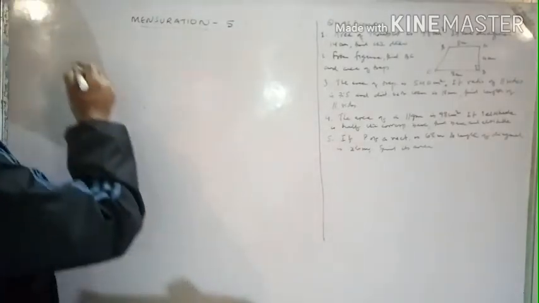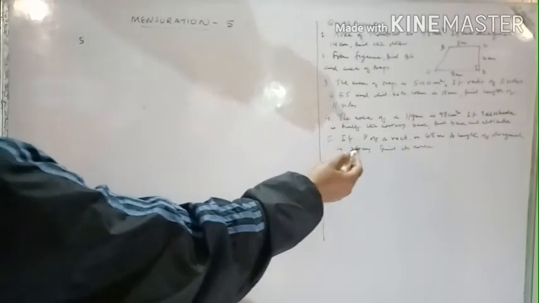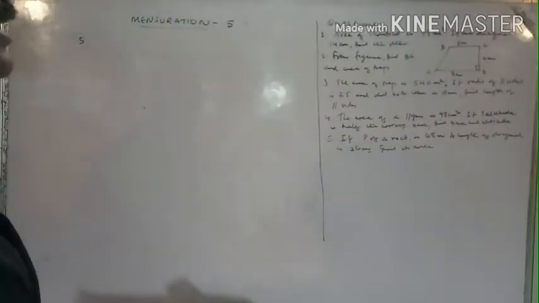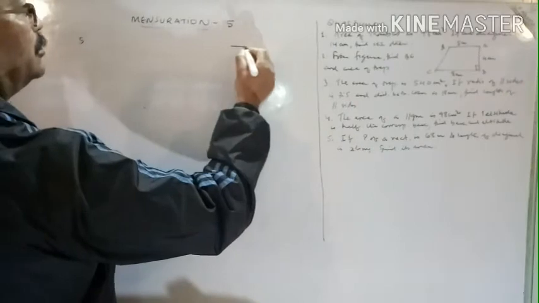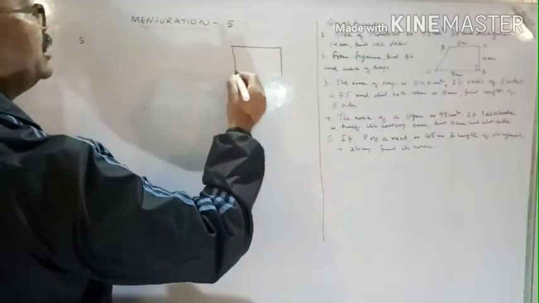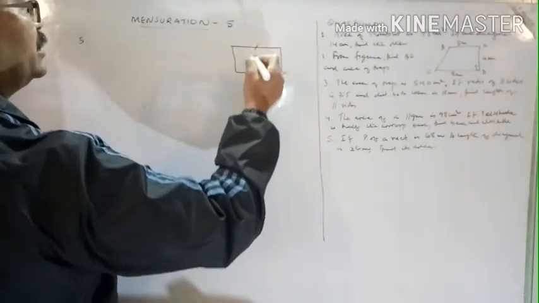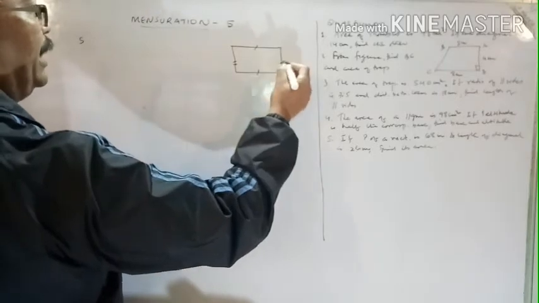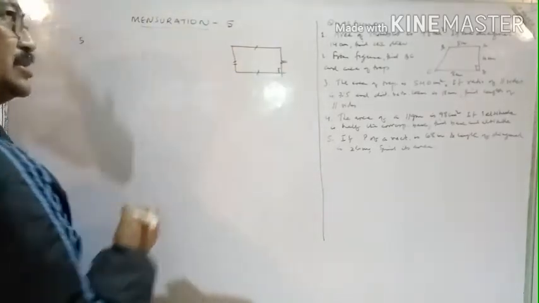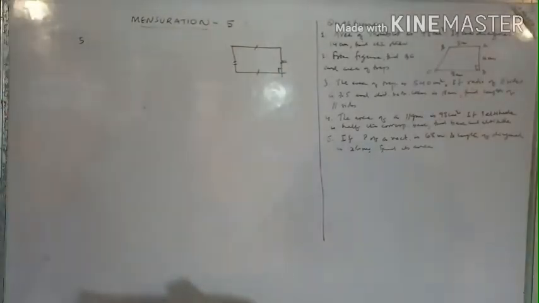Now let's take the last question for today, number 5. So rectangle we will take for number 5. It says if the perimeter of a rectangle is 68 meter. So rectangle means opposite sides equal, and the angle must be 90 degrees. Remember this one. If the angle is not 90 degrees, it will be a parallelogram.